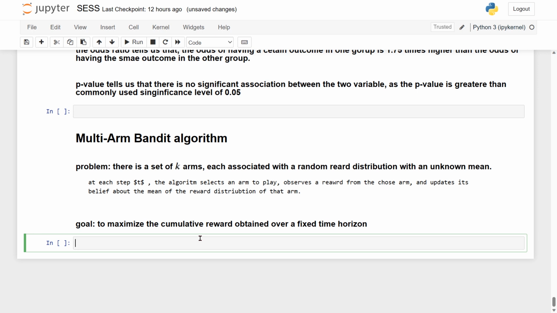One popular algorithm is the epsilon greedy algorithm. This is widely used.